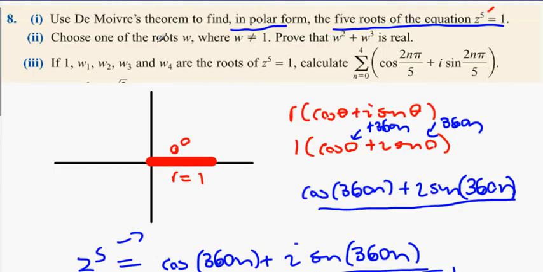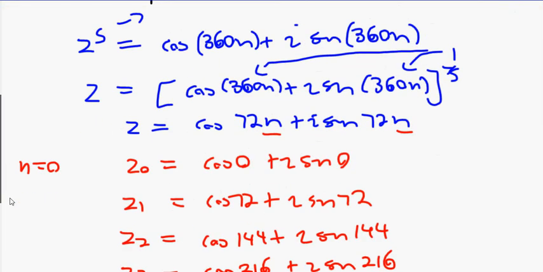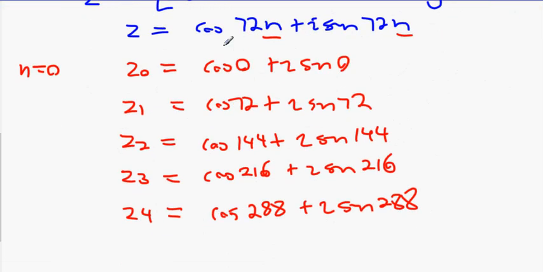Now what it wants us to do next is choose one of the roots w and prove that w squared plus w cubed is real. So I'll choose the second root, or z1. I want to prove that z squared plus z cubed equals a real number.